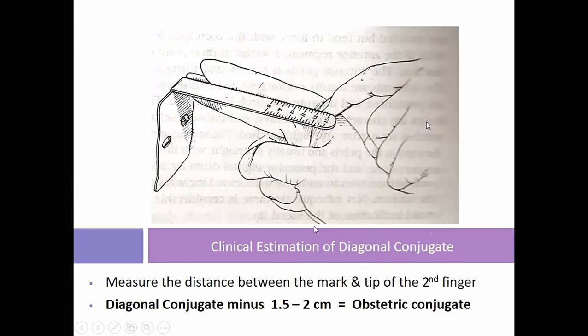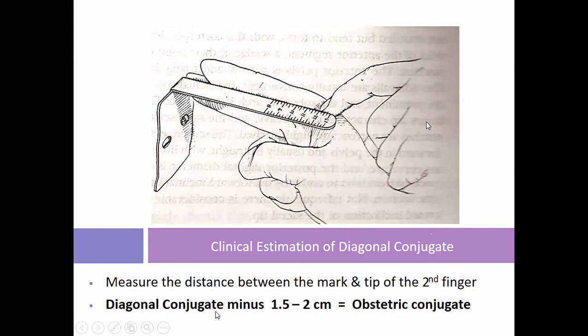Now, if that measures 11.5 and above, you subtract 1.5 to 2 centimeters in order to obtain the obstetric conjugate, which is the shortest AP diameter of the pelvic inlet. So if this is 11.5, then you will have a 10 centimeter obstetric conjugate.